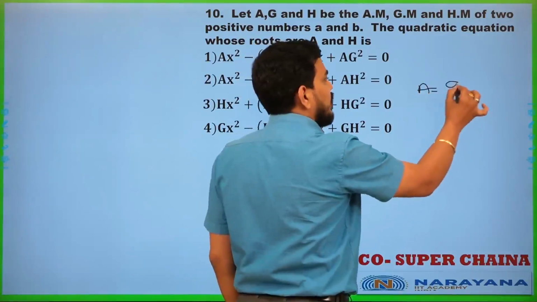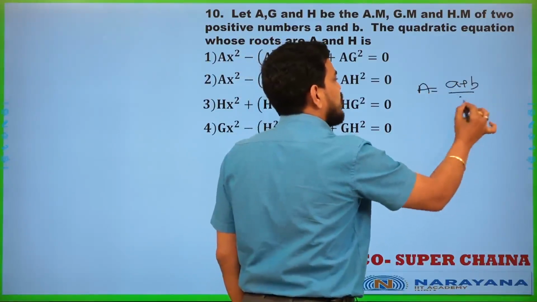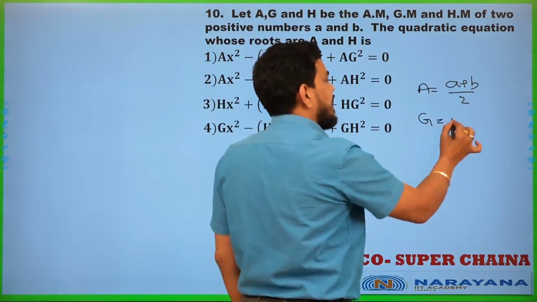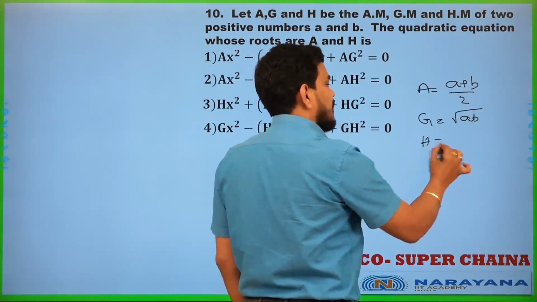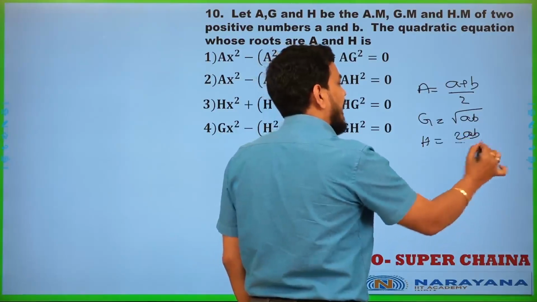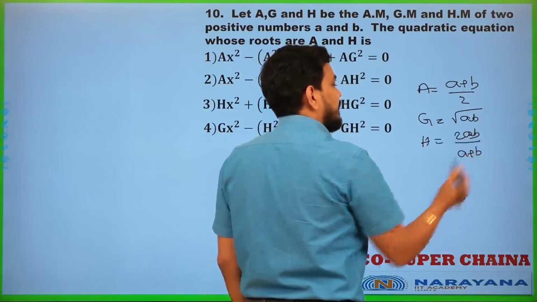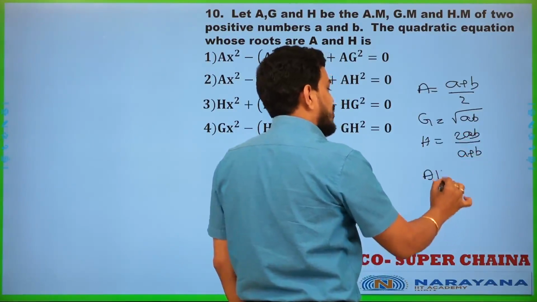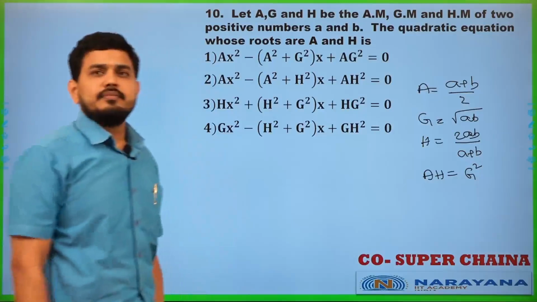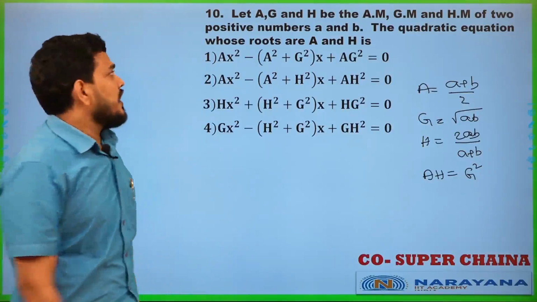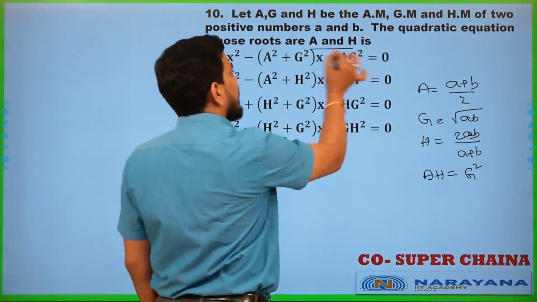A is equal to (a plus b) by 2. What is G? Root ab. What is H? 2ab by (a plus b). And AH is equal to G square.